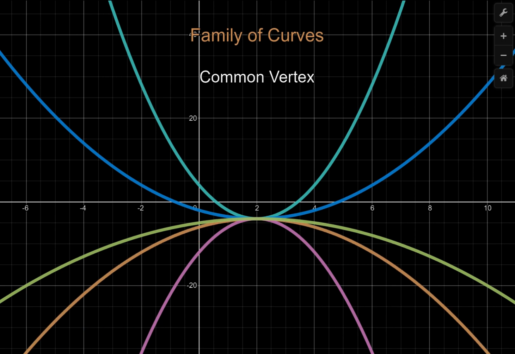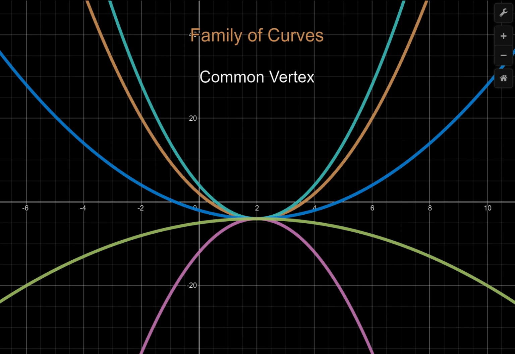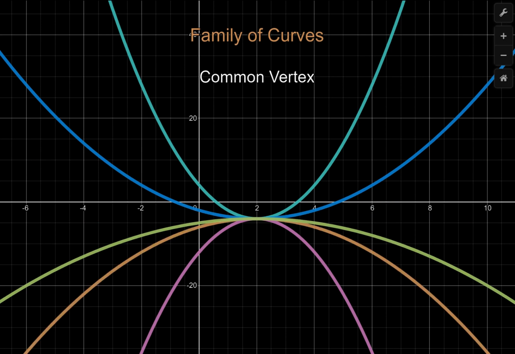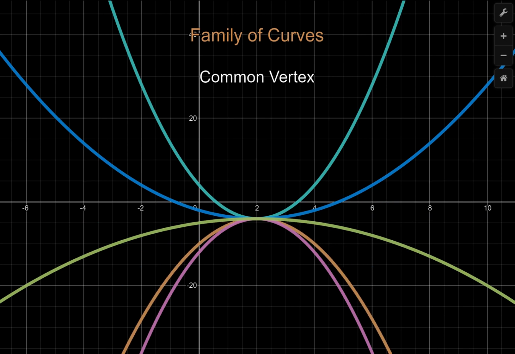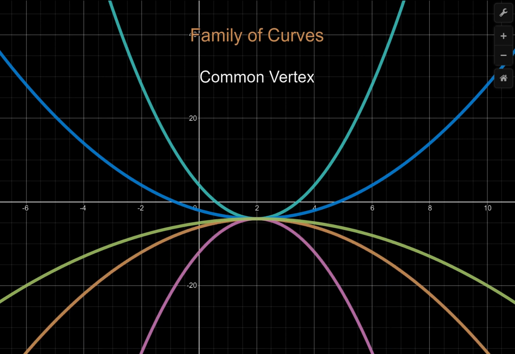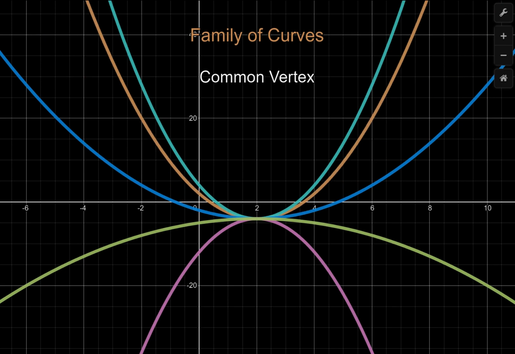The value of a, the stretch factor, is changing, as you can see in the presentation. So that is the family of quadratic functions with common vertex. So I hope with this, the concept of family of curves is absolutely clear.